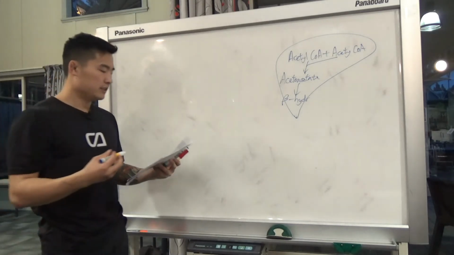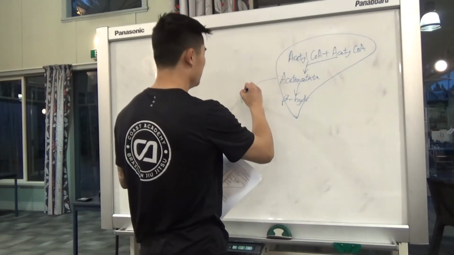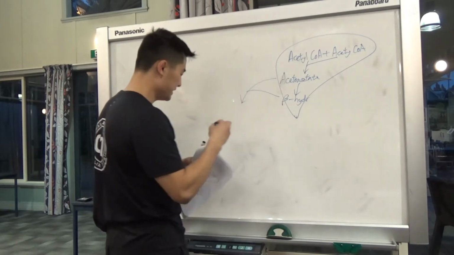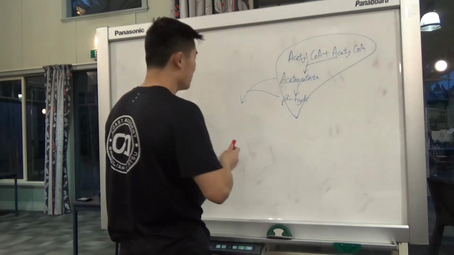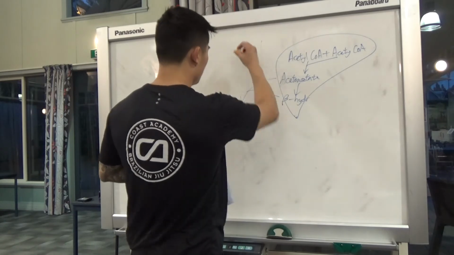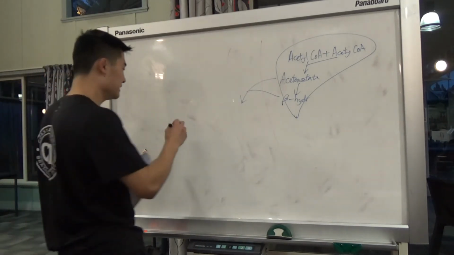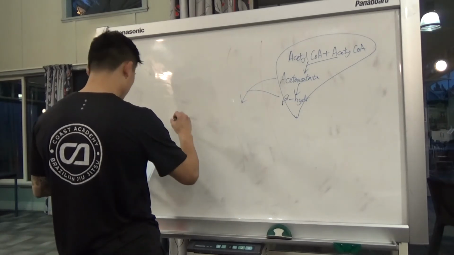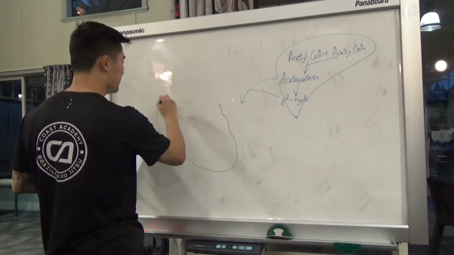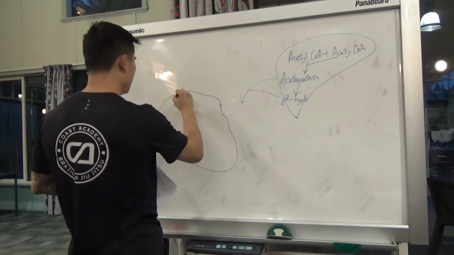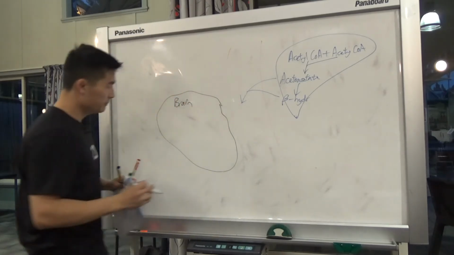Okay. And so these will enter the bloodstream. And then enter the brain. So this is the brain here, big blob.